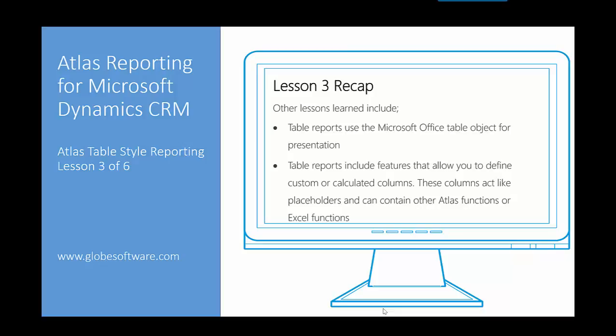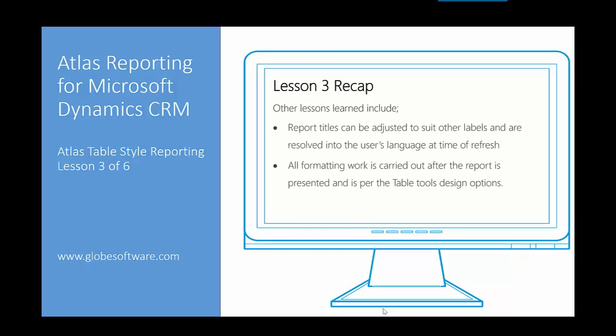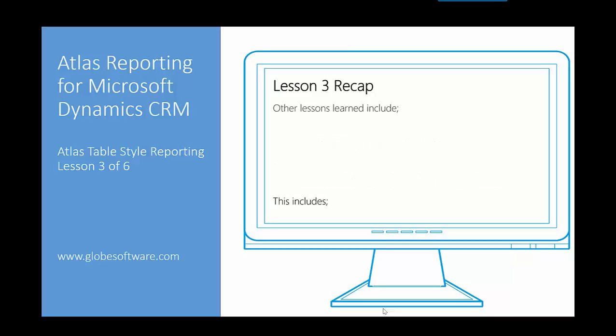These columns act like placeholders and can contain other Atlas functions or Excel functions. Report titles can be adjusted to suit other labels and are resolved into the user's language at the time of refresh. All formatting work is carried out after the report is presented and is per the table tool's design options. This includes style selection, number formats, and alignment.